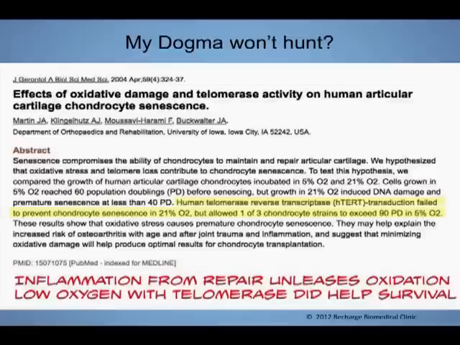Okay, by that, that's the cell, the p53, the mitochondrial leakage, the T cells, the macrophages. But they said that the low oxygen in combination with the new telomerase did help survival. So as with most things, the truth is somewhere in between, perhaps.